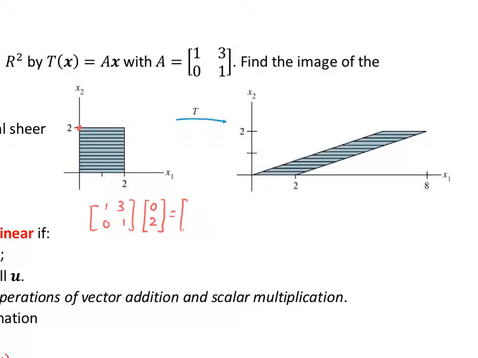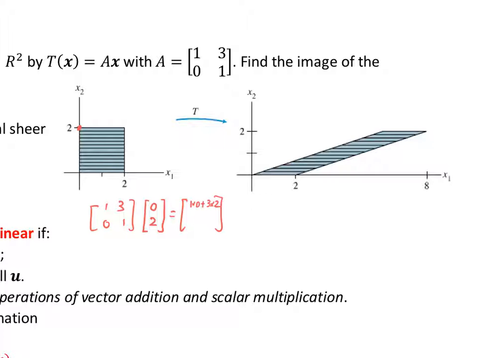Now, under this transformation, let's do a little algebra. 1 times 0 plus 3 times 2, right? The second entry is the second row times this vector, because the second row is 0, 1.